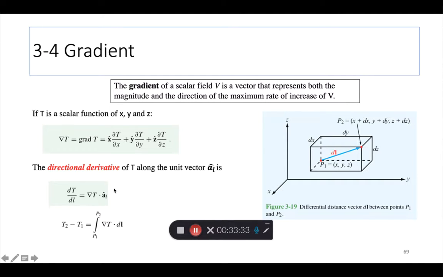Next, we have something called the directional derivative of T along the unit vector a_l. So, we saw this definition of grad.